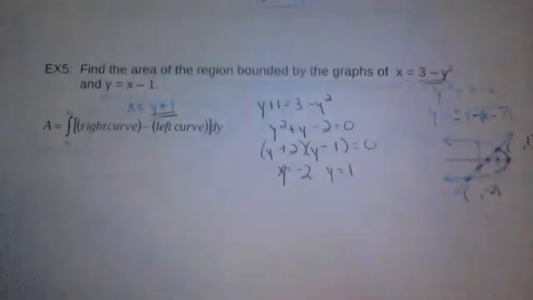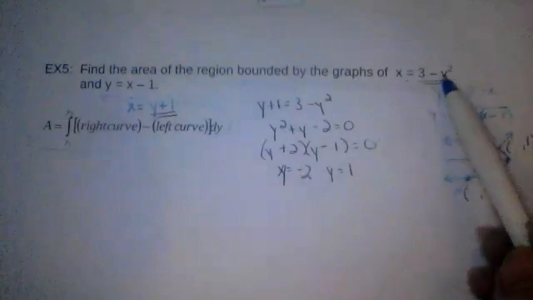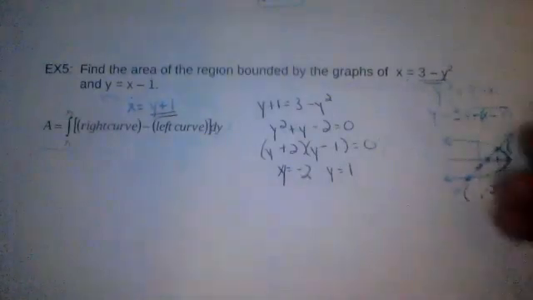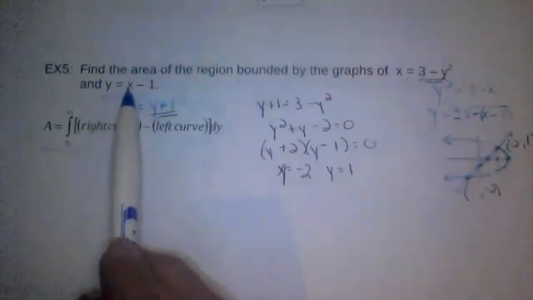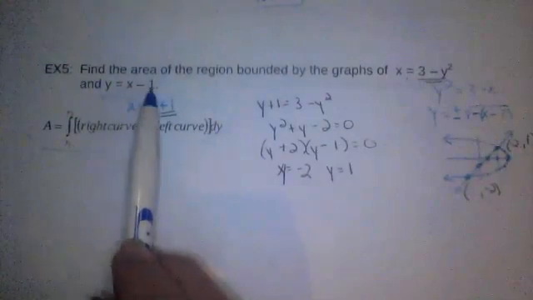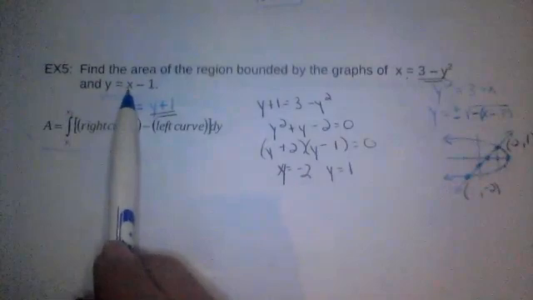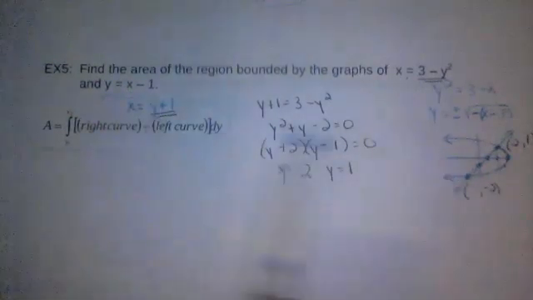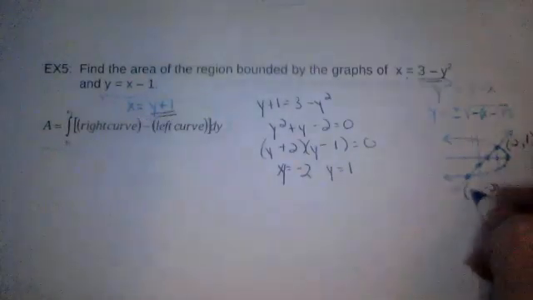And if we wanted the x values, we could plug that back in. If I put 1 in here, 3 minus 1 is 2. This is the point (2, 1). And if I put negative 2, let's just use this one, in here, that's a y value, negative 2 plus 1 would be negative 1.